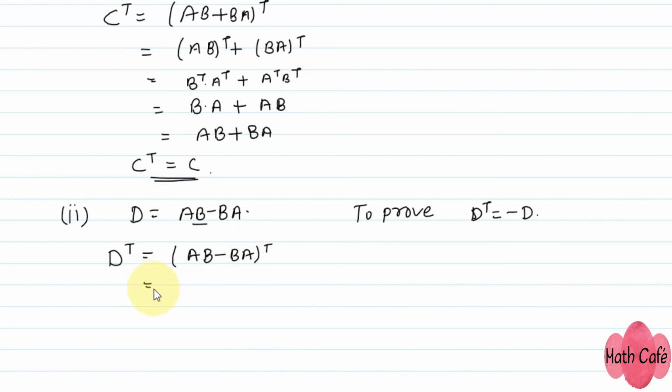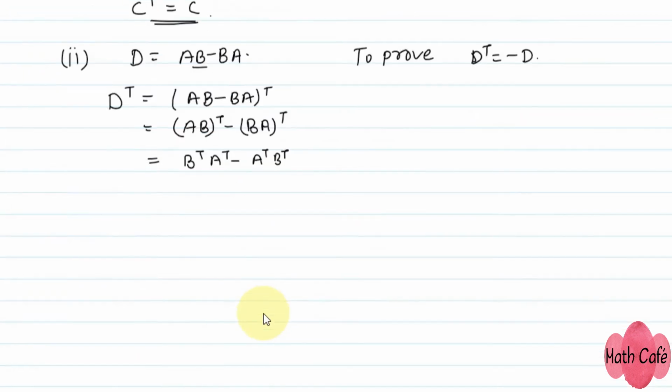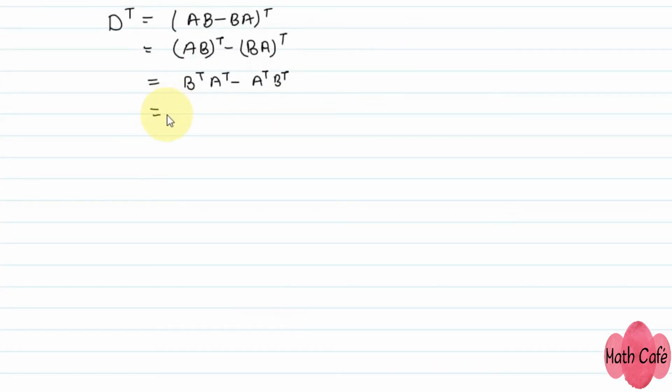That will become AB transpose minus BA transpose. AB transpose is nothing but B transpose A transpose, minus A transpose B transpose. B transpose is B, and A transpose is A.